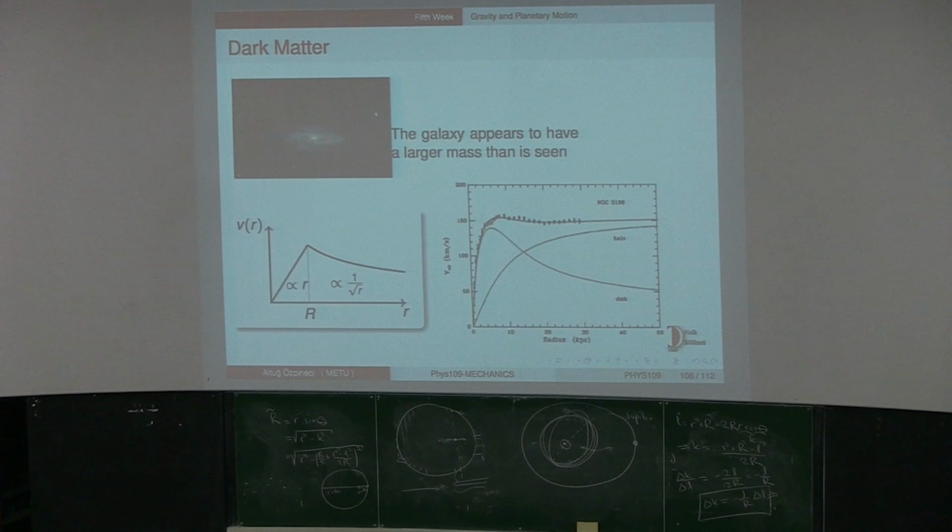So one interpretation of this is that maybe there is some more mass which we cannot see out of this galaxy. There's some matter over there, but it's not visible, it's not emitting light as the stars. So that's why we call them dark matter.